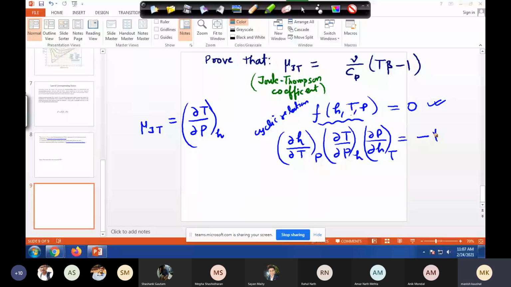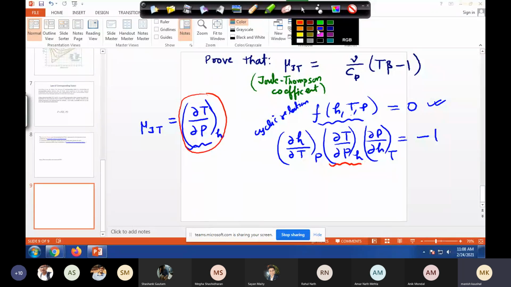It tells you that there are only two independent variables and the third one depends on the other two. That's why a function of these three variables is 0, in some functional form. Now you can see clearly that we need this term which is present here.